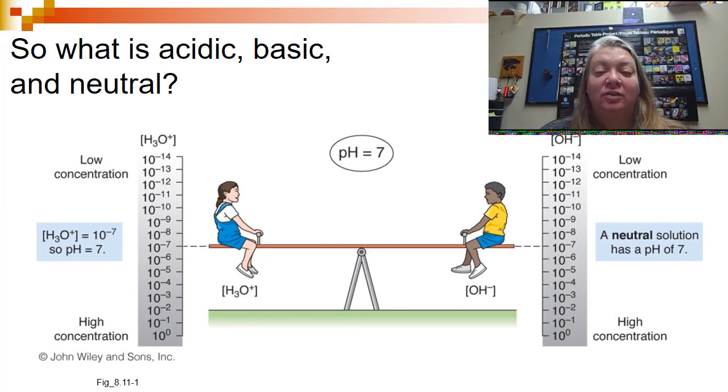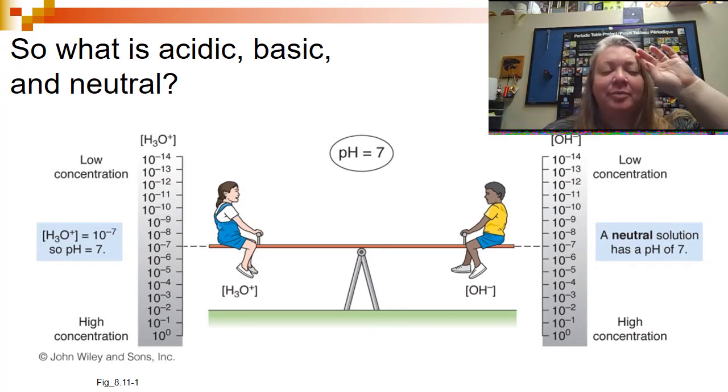So we're going to use this illustration of there's some sort of inverse relationship between hydronium and hydroxide. As one goes up, the other goes down. Now to start with, we're going to have them equal to one another. We have equal amounts of hydronium and hydroxide, so the two kids are suspended in air.